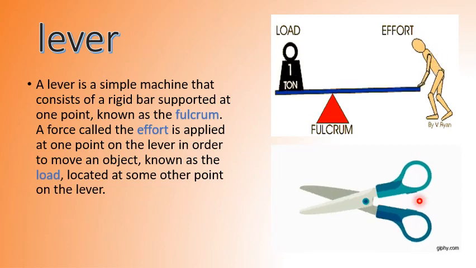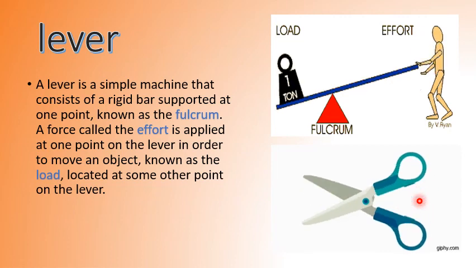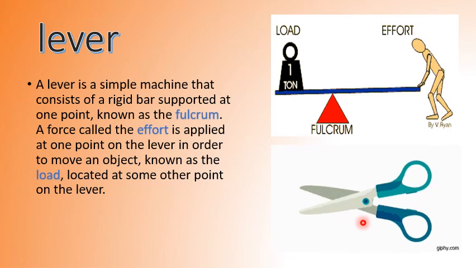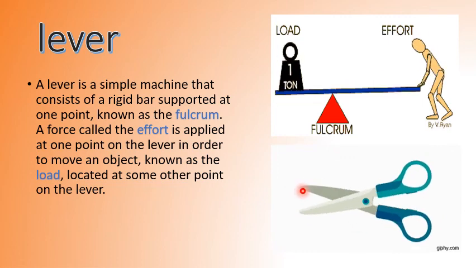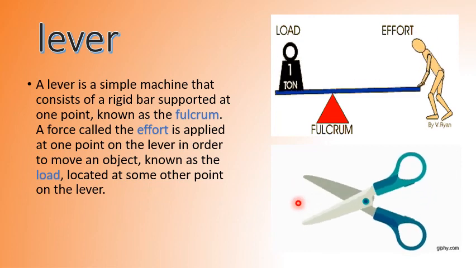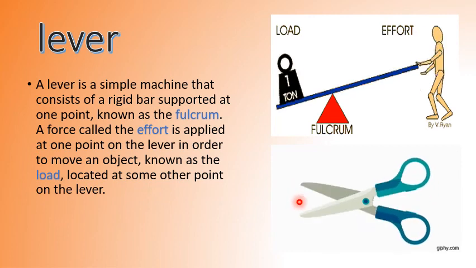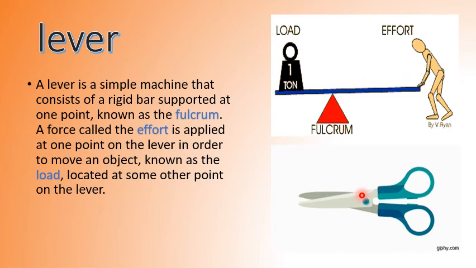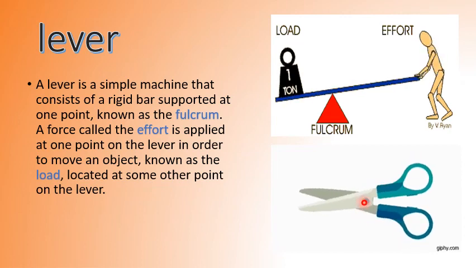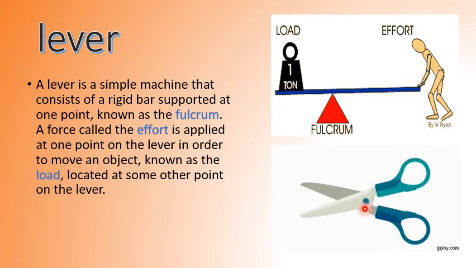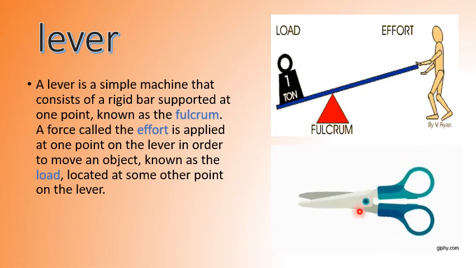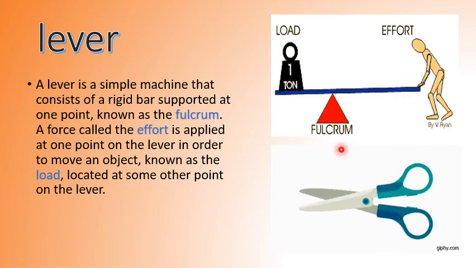Now the point from where we cut our cloth or paper, from where we do our task or work, would be known as the load. And the point that has the turning effect is this one, so this turning point will be known as the fulcrum.